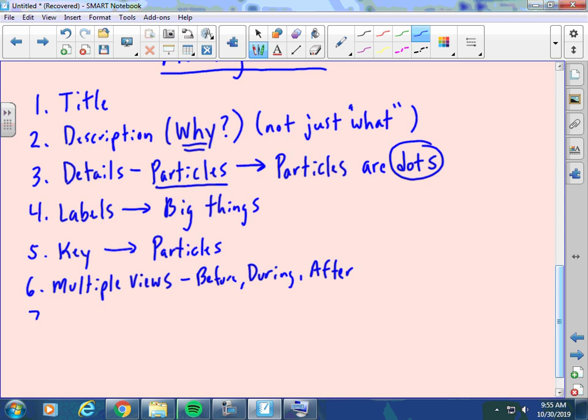Going along with number 5, we need to have color, because the color is going to tell us what the different particles are. We can tell because we have a key. We should make sure that it is as neat as possible, so it's not a jumbled mess.